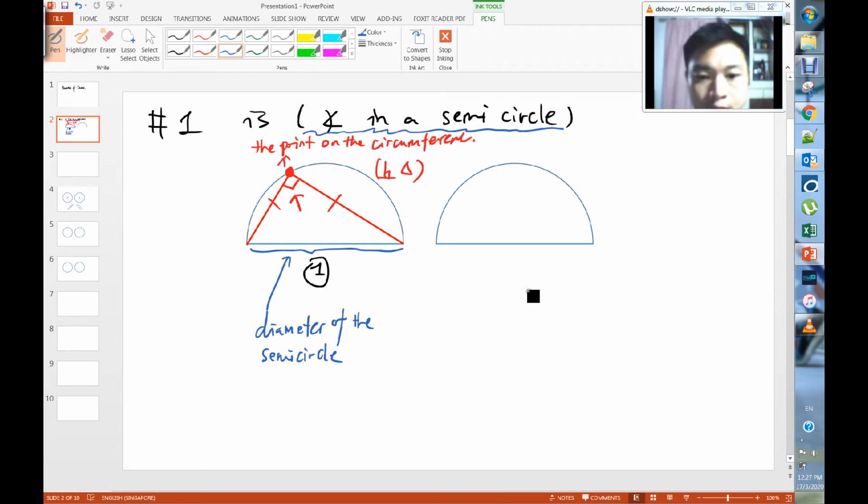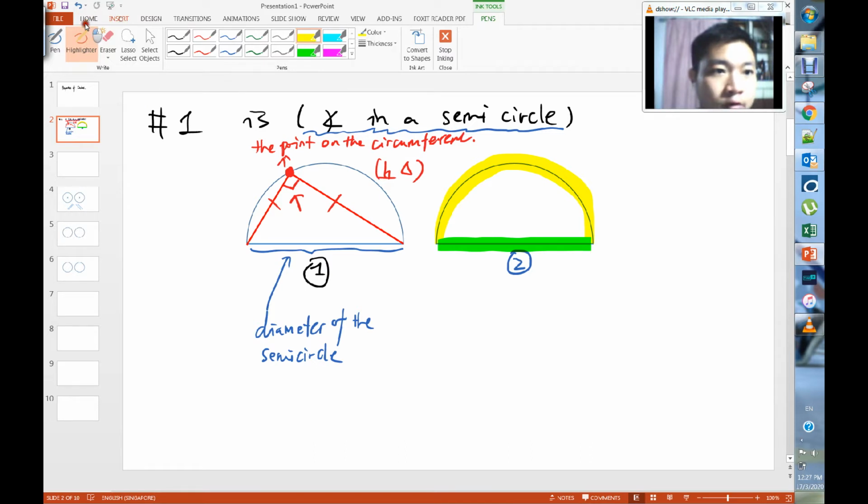Let me elaborate this rule number one, angle in a semicircle, once again. I will make use of my semicircle 2 here. Once again, this is the diameter of the semicircle, and this is the circumference of semicircle 2. I hope you have no problem.